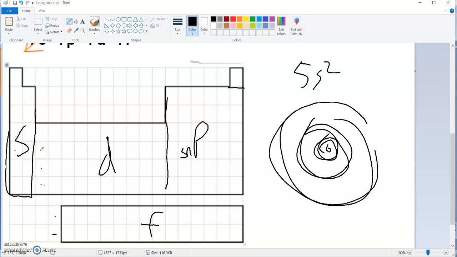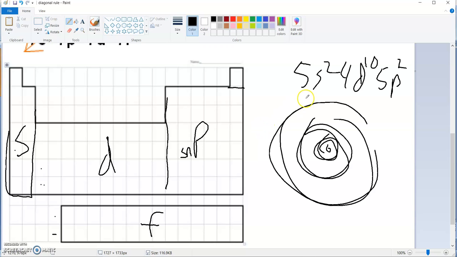D's are back a level, so 4d over to 10. And then keep counting. After 4d10, now you go into the p block. P's are back on the right level, level 5, p1, p2. So 5p2. And that's the electrons that really matter, is what it comes down to.